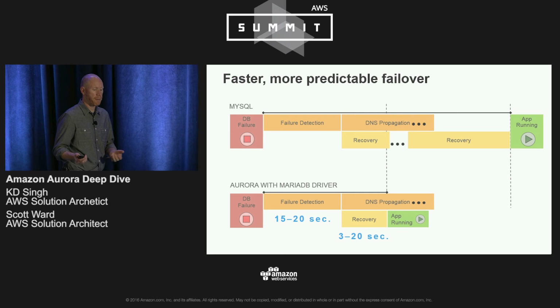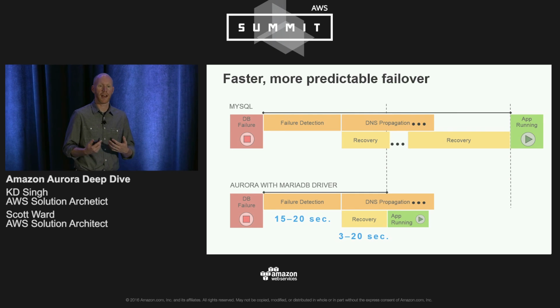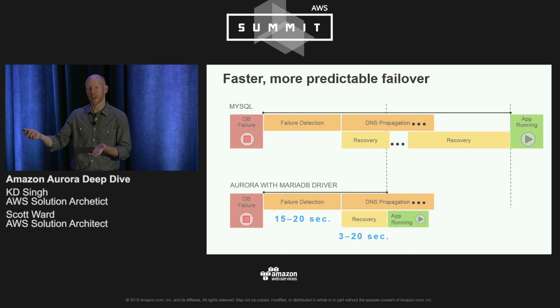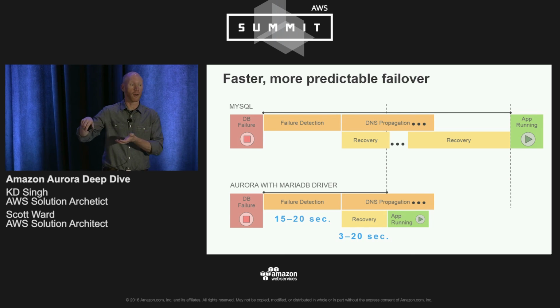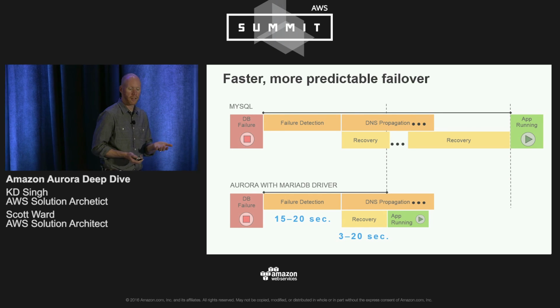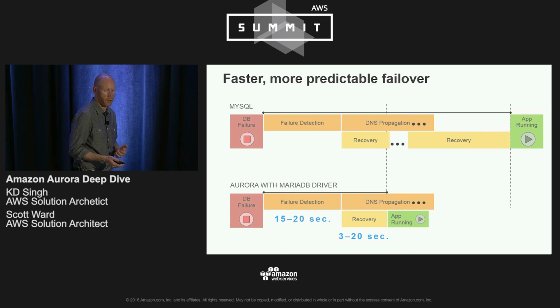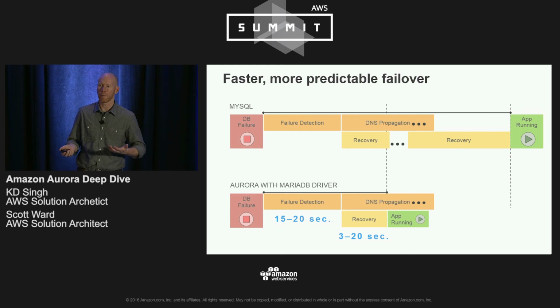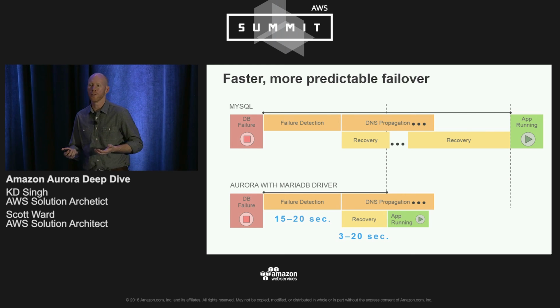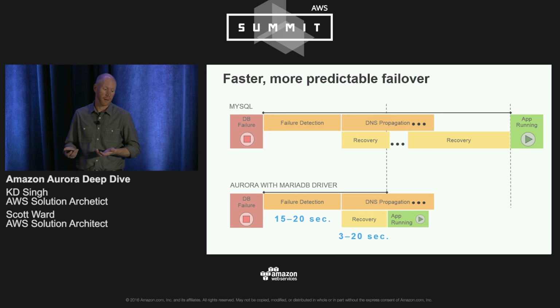So that recovery happens, and then there's also a DNS propagation. When the RDS service fails your master over to a standby database, it changes the DNS entries for your database to point to the standby database, which is now going to become your master database. That can take anywhere from 30 to 60 seconds. So at the end of that, you've got your app up and running, but there's a lot of unknowns as far as how long that time might take.